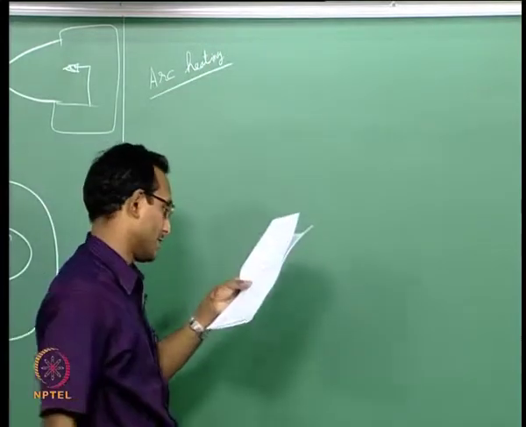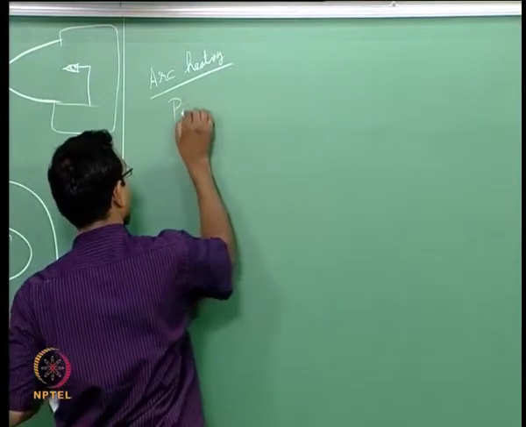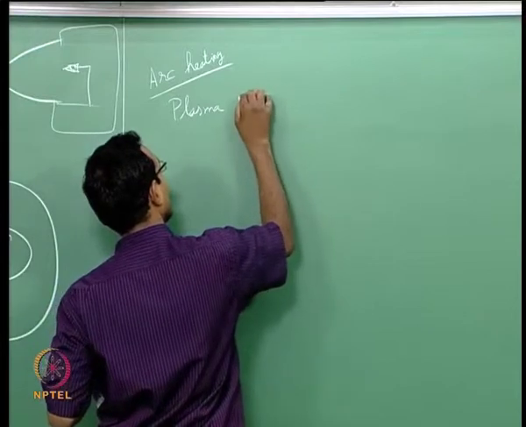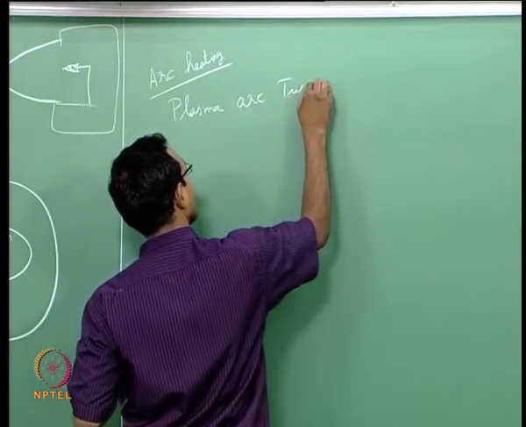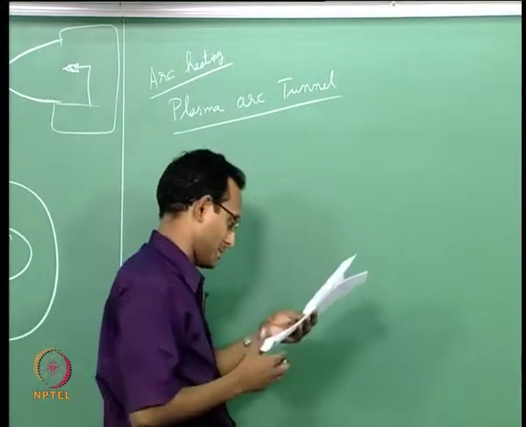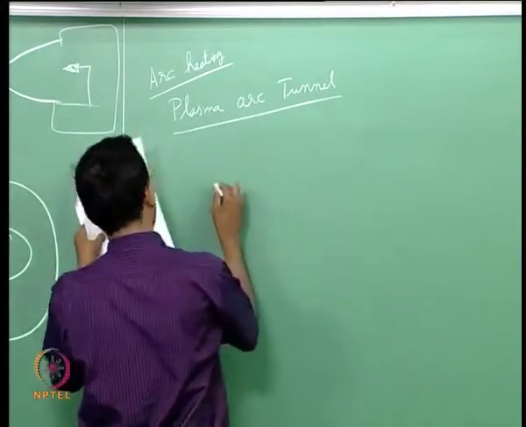Arc heating. So it is actually called a plasma arc tunnel. Plasma arc tunnel. Previous thing is called ballistic range. Okay. So it looks like this.